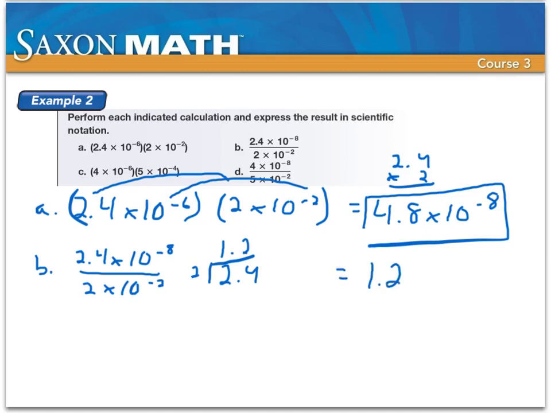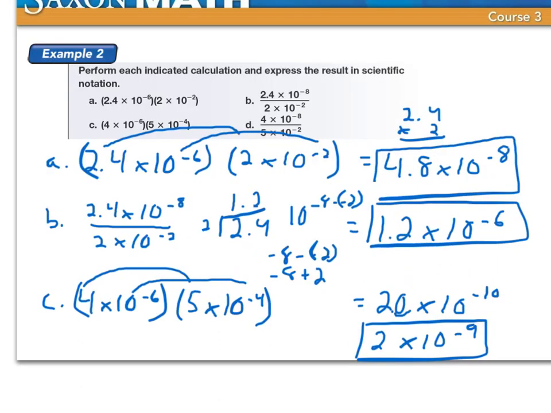So that's my first part, times 10. And then we're going to subtract the exponents. So it's going to be 10 to the negative 8 minus negative 2. Well, negative 8 minus negative 2, we need to change to an addition problem. That's negative 8 plus, and negative 2 changes to positive 2.